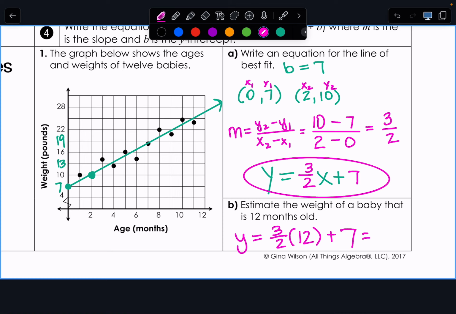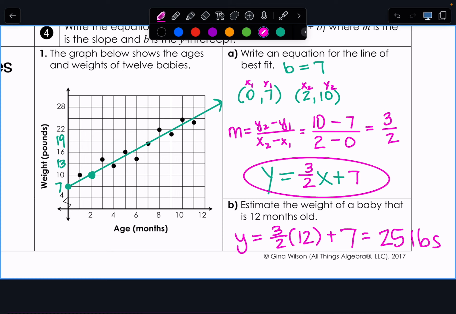It's good that you trust your peers, but you need to be able to do it yourself also. So make sure that you can get 25 pounds. A 1-year-old should probably be 25. 3 divided by 2 times 12 plus 7.